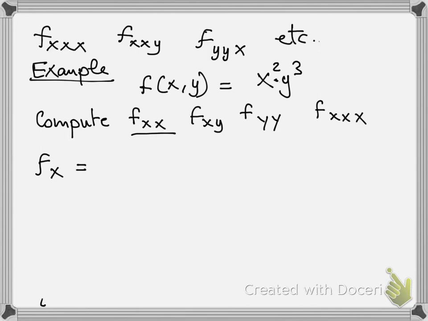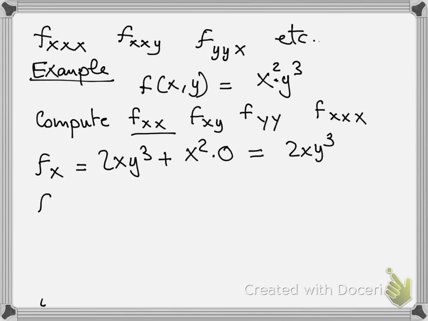Y is a constant, so by the product rule, the derivative of x squared is 2x times y cubed plus x squared times, y cubed is also constant, and the derivative of a constant is 0, so that's times 0. So that's just 2x y cubed.